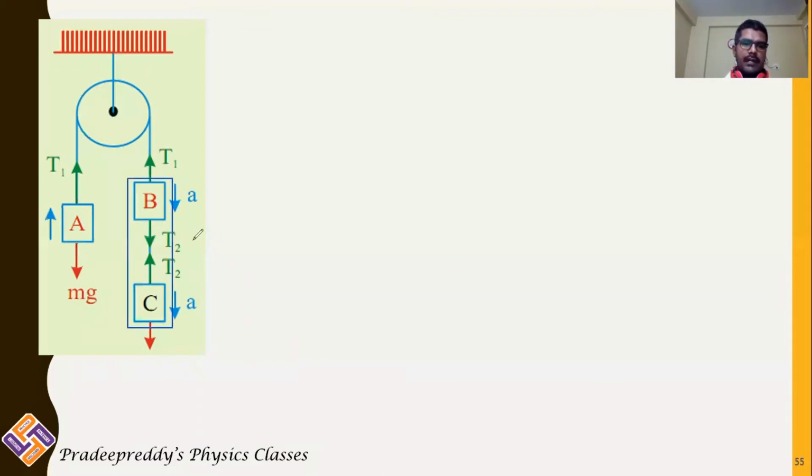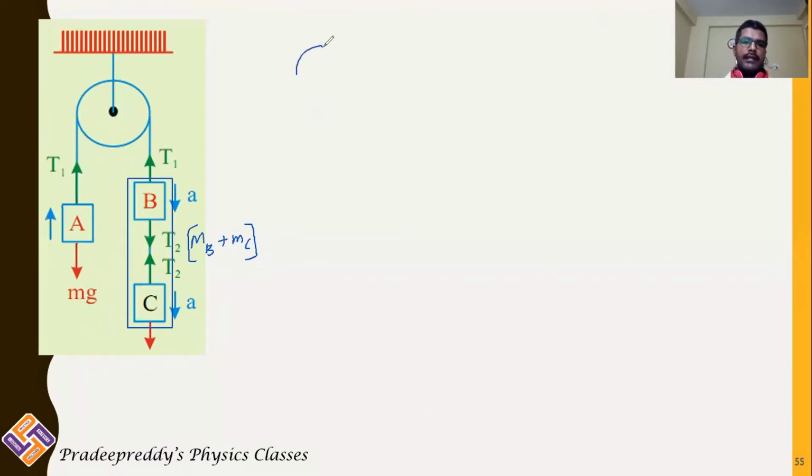This becomes mass of B plus mass of C. Total mass here will be mass of B and mass of C. Now you can consider this exactly equal to that of an Atwood machine.